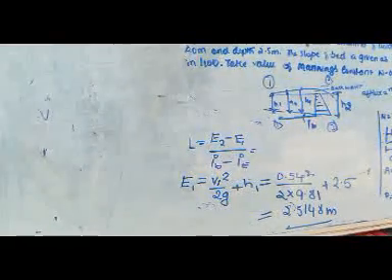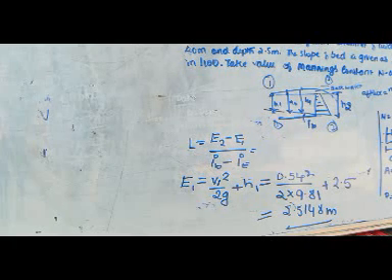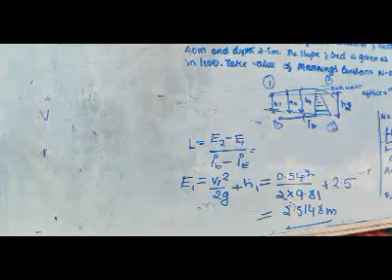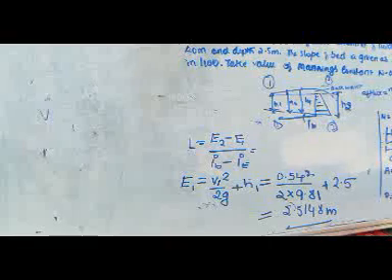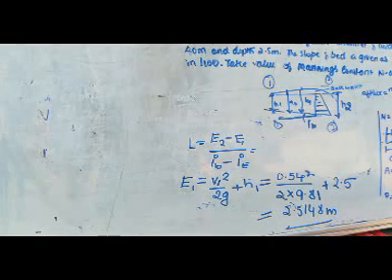The same we need to do for the V2 value, because we go for section 2. But here there is no need to calculate V2 again, because we can use the continuity equation and solve it.